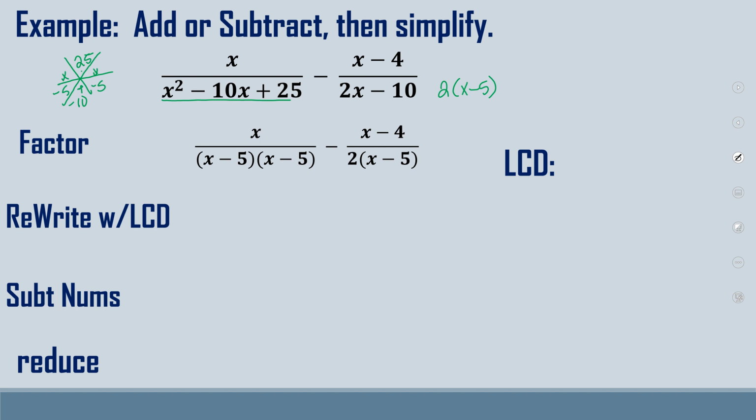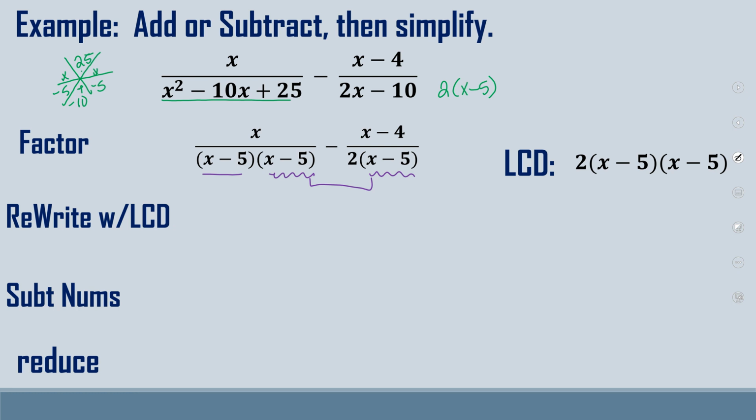Okay, let's check our common denominators. The first one actually has 2 x minus 5s. The second one has a 2 multiplied by the x minus 5. So they have 1 in common already, so I've got to have 1 x minus 5. I also have to have a second x minus 5, and that GCF is the 2.